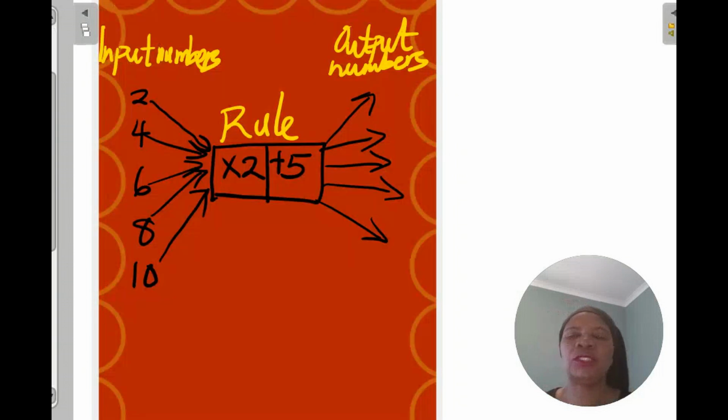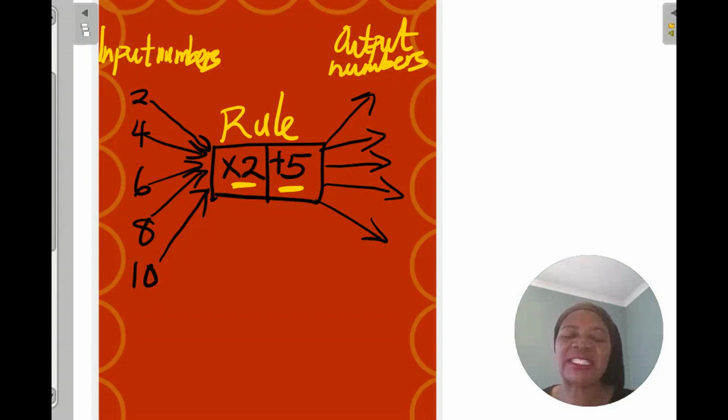Let's move on. Here we have the input values, the rule in the middle, and we are supposed to fill in the output values. The rule has two parts: multiply by 2 and then plus 5 before we write the answer.